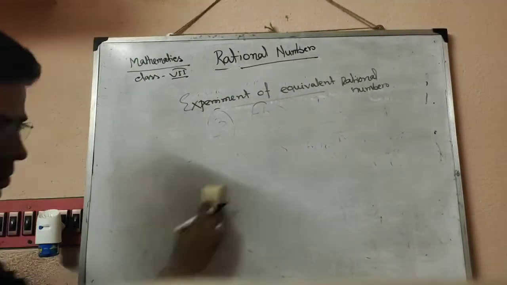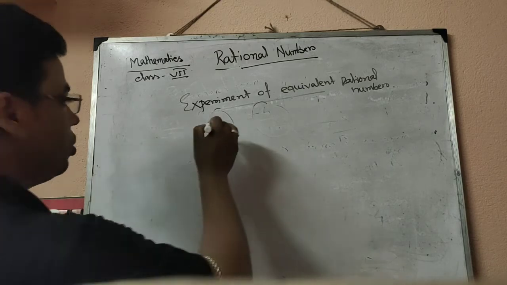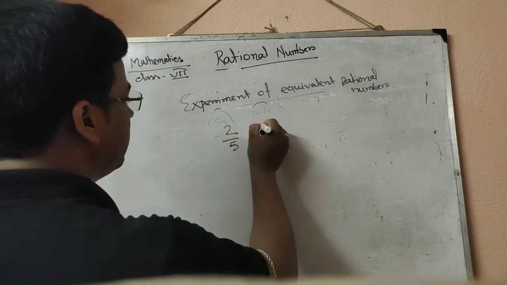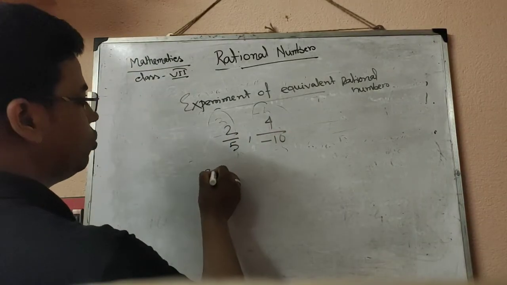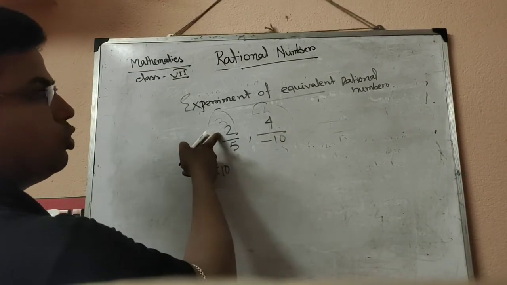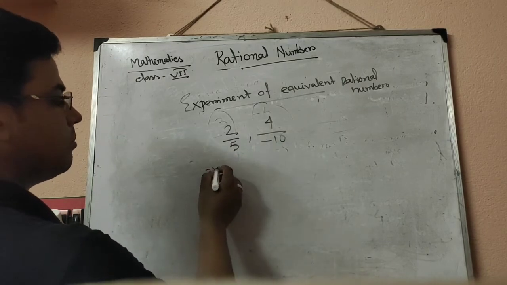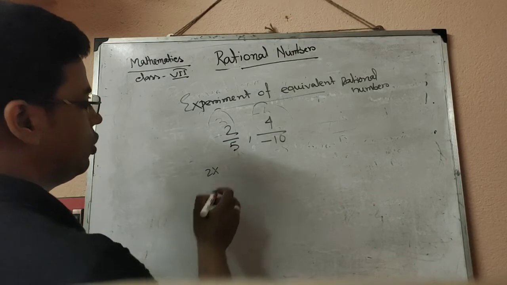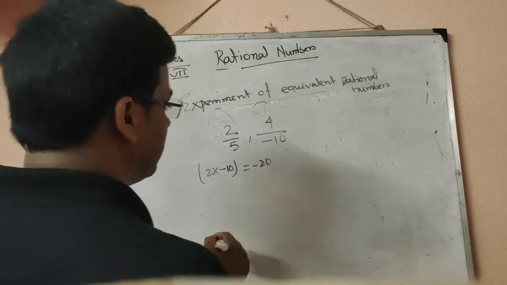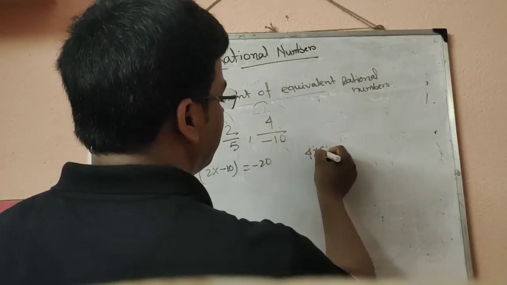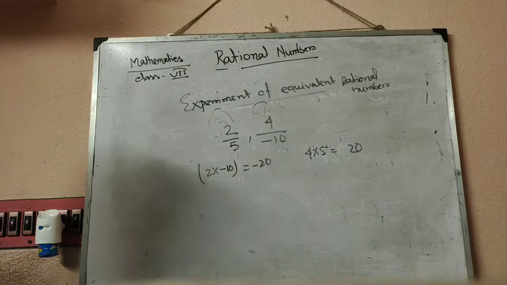Now 2 by 5 and 4 by minus 10. Now 2 into minus 10 equals minus 20. 4 into 5 equals plus 20.